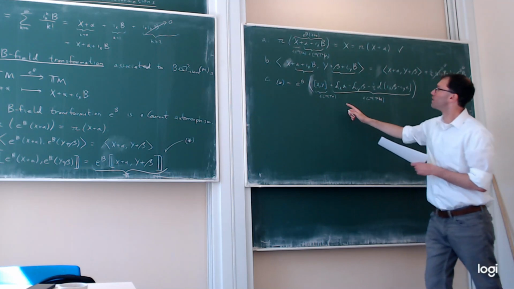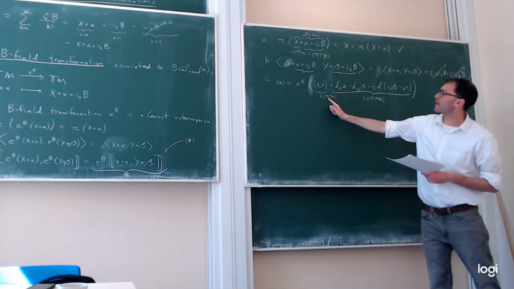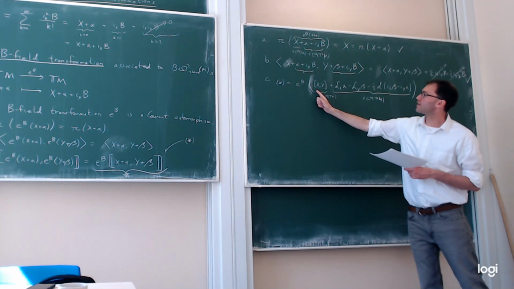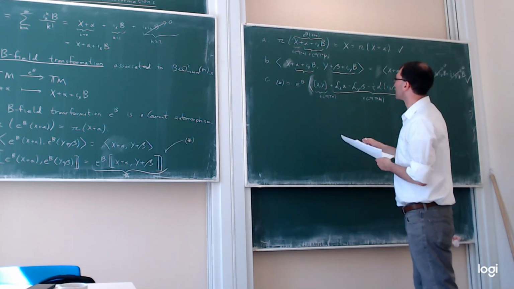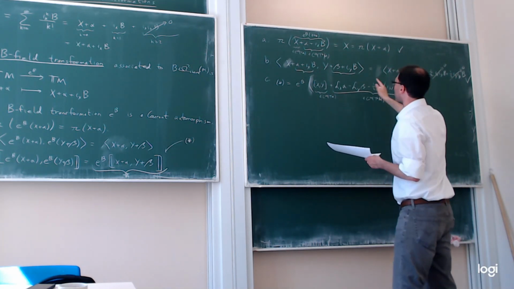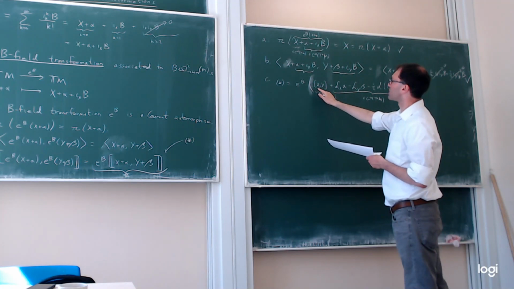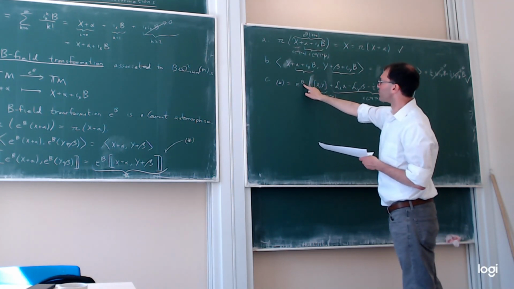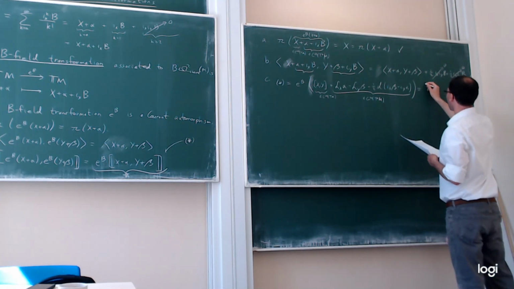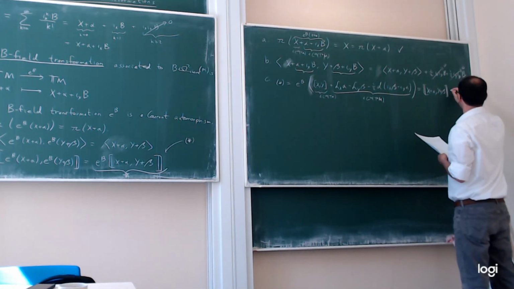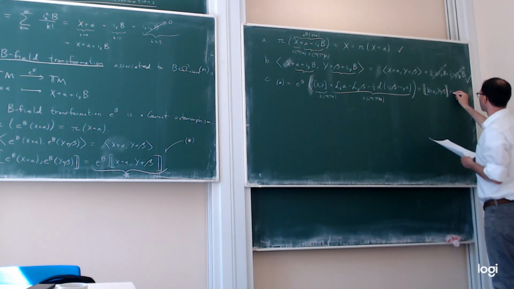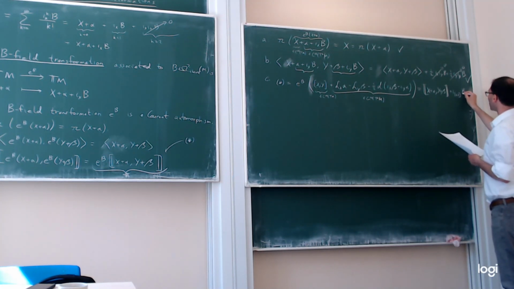It is this term here that is the projection to the tangent bundle, plus the interior product of this entire term plus the interior product of the projection to the tangent bundle with B. So that gives us the Courant bracket of x plus alpha, y plus beta, plus the interior product of the Lie bracket with the B field B.